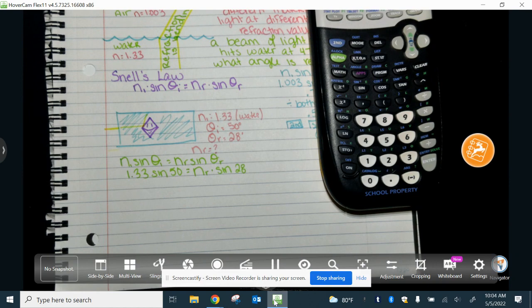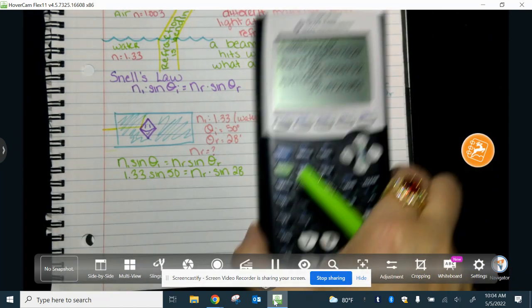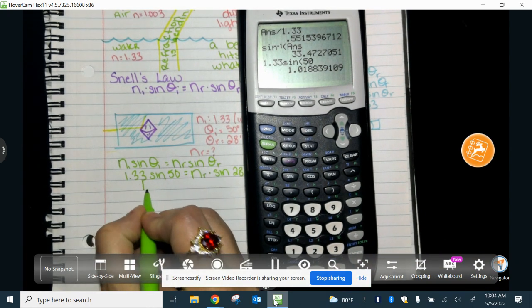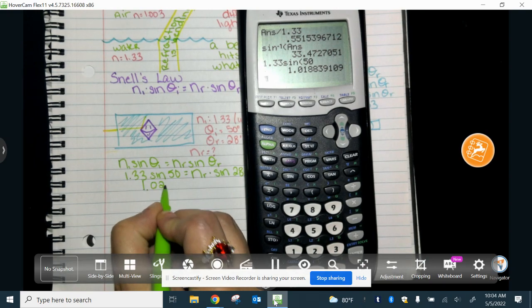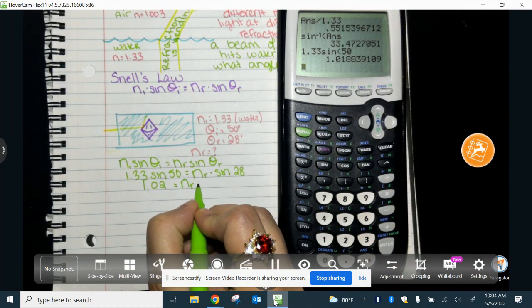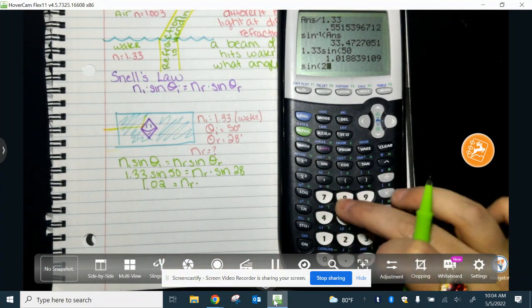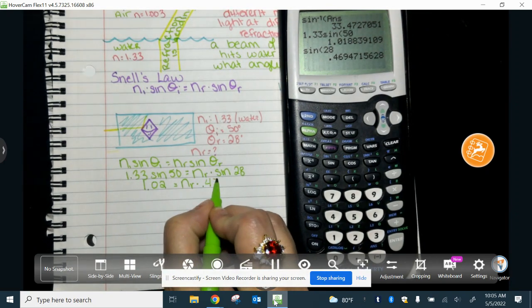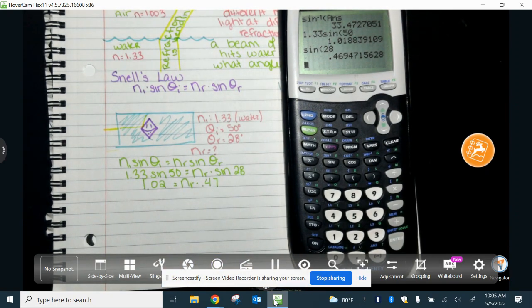Then you would start simplifying what you can to get your N by itself. So I would go 1.33 sine of 50 equals Nr times sine of 28, which is 0.47. Again, I'm keeping the values in my calculator, but I'm not going to write them all out here.